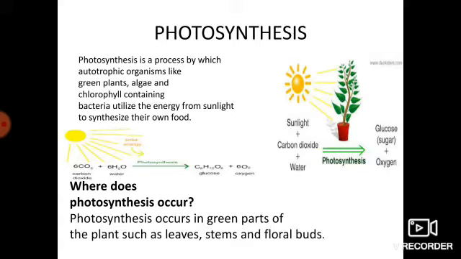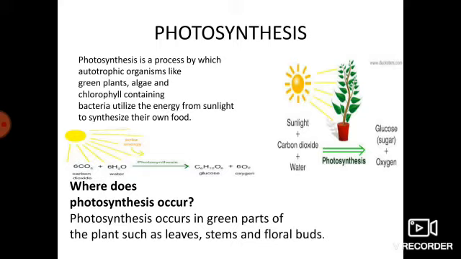Next, we will see the reaction of photosynthesis. Carbon dioxide and water in the presence of sunlight and chlorophyll produce carbohydrate in the form of glucose and liberate oxygen. That is, CO2 plus H2O gives C6H12O6 plus oxygen.